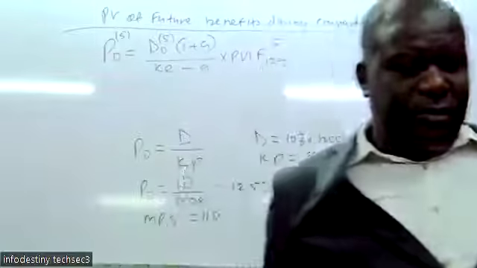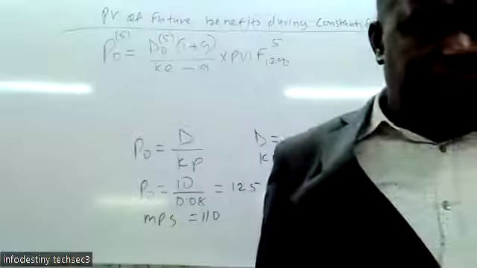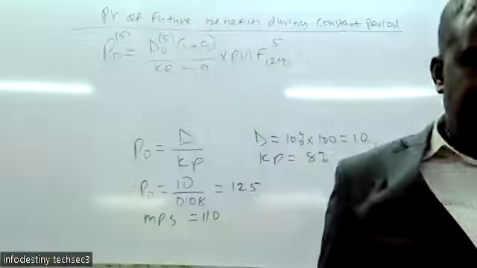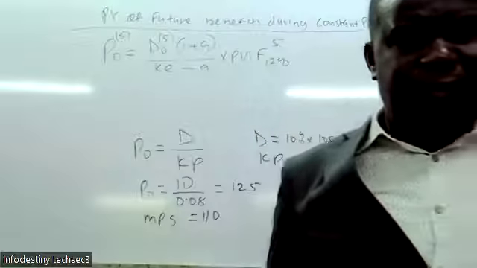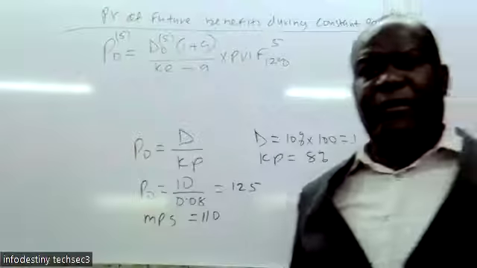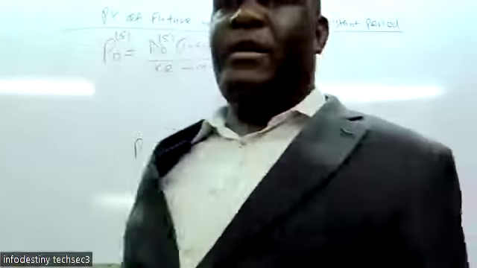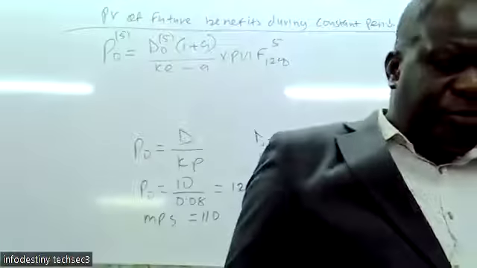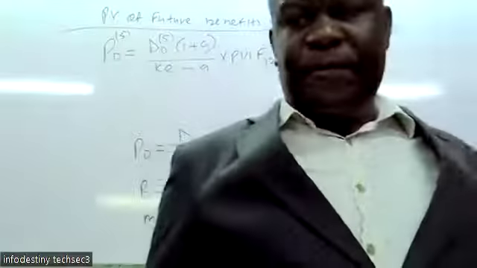So A will be valuation of irredeemable debenture. Then B is valuation of redeemable debenture.